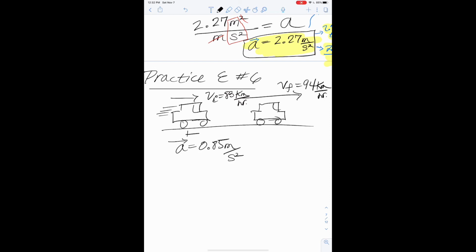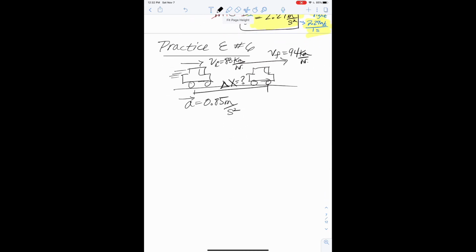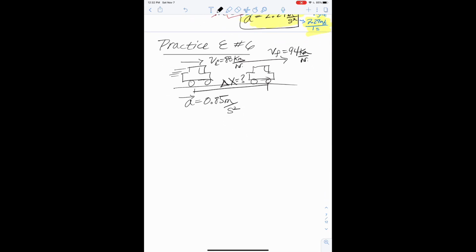And we want to know delta x. Okay. We don't know time, nor do we care about it. So before we get to K3, let's go ahead and change those units, right?